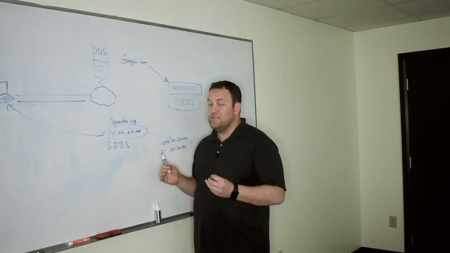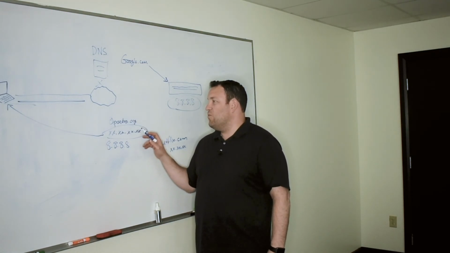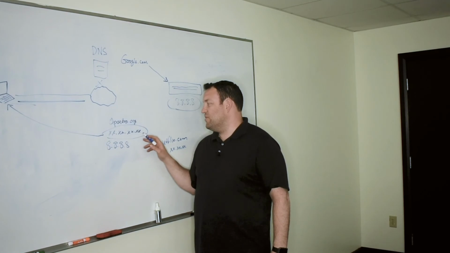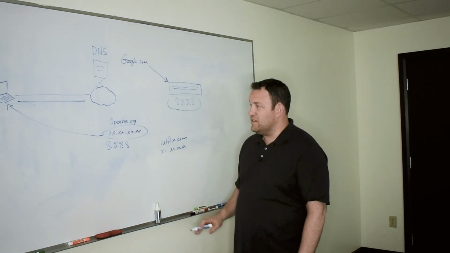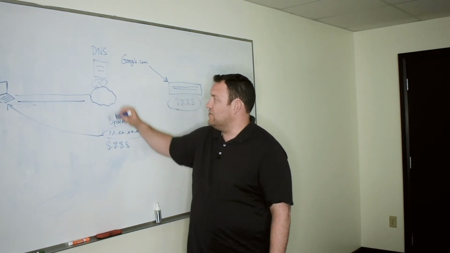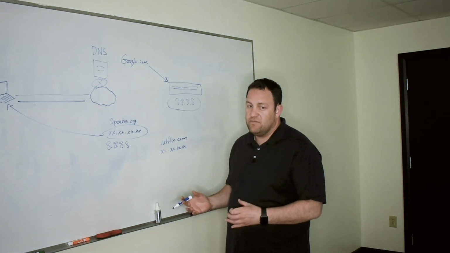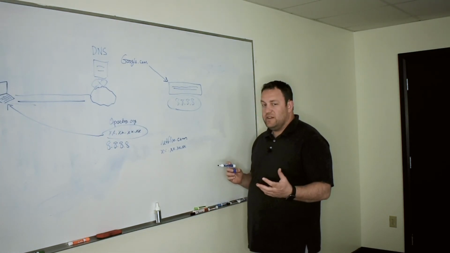Now, all of this happens very fast. So if it's not working and you try a different DNS server and suddenly it works, it's usually indicative that you could not reach your DNS server that you had originally configured. So that's how DNS works in a nutshell.